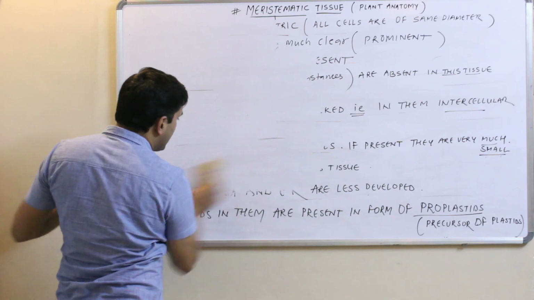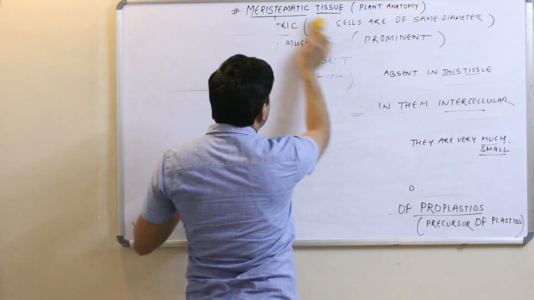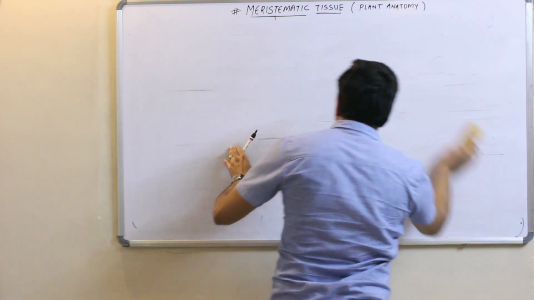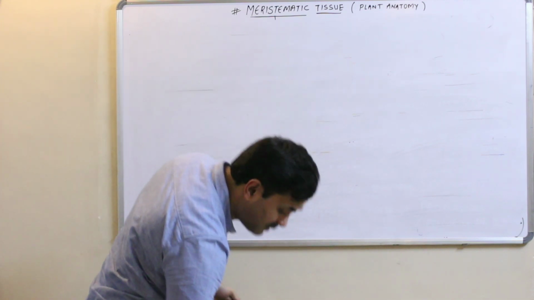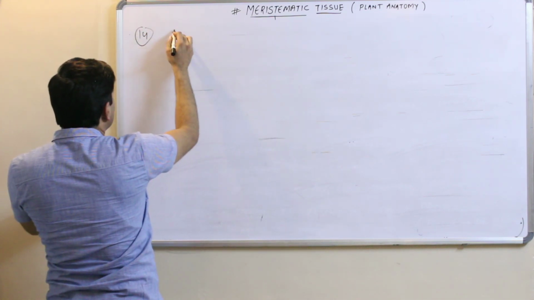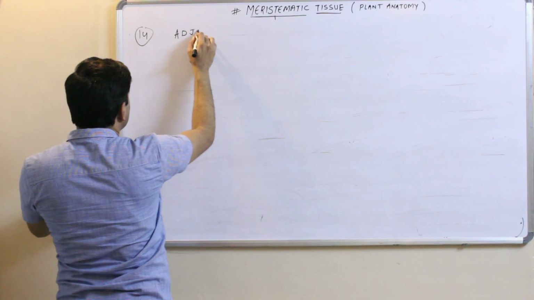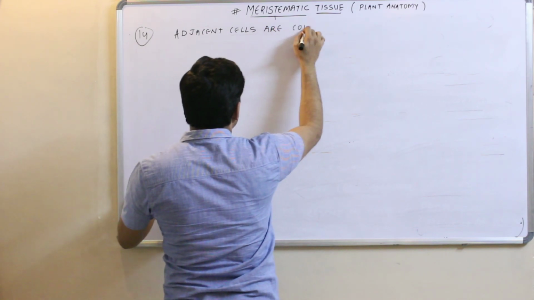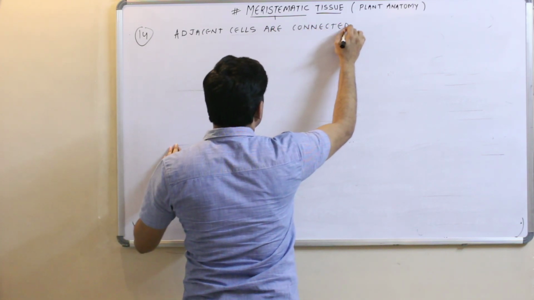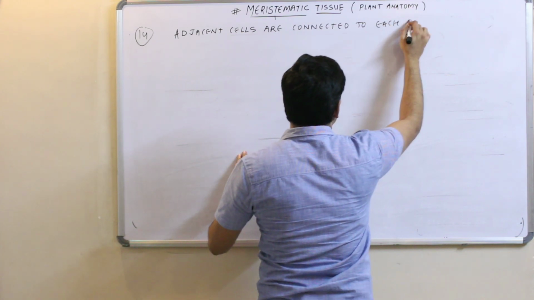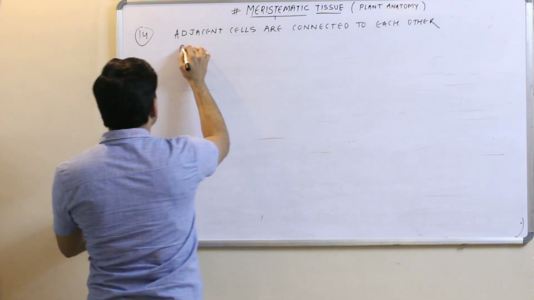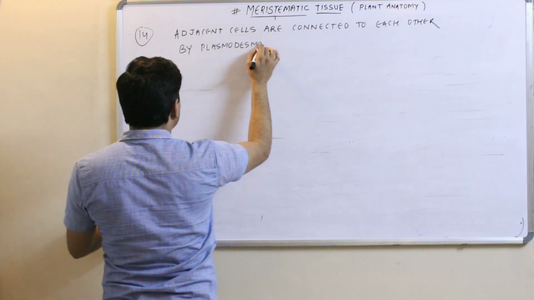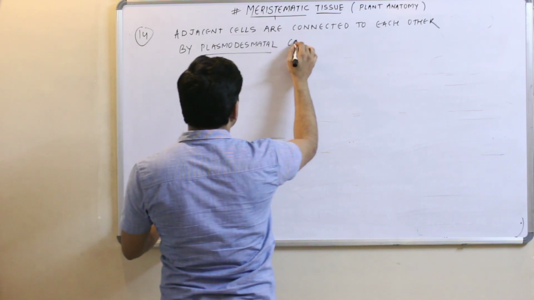Now cells are connected. The adjacent cells are connected to each other by plasmodesmatal connections.